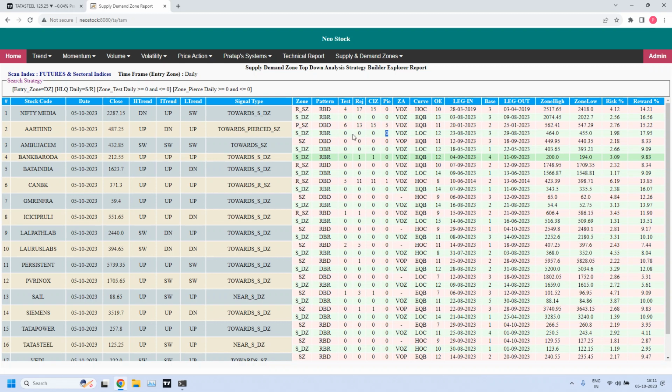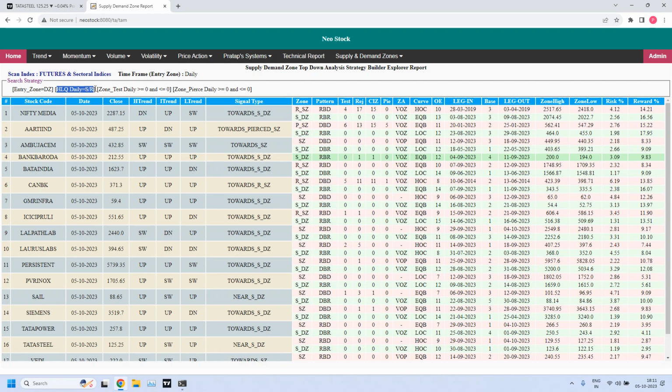Which time frame are we looking at? We are applying this filter in daily time frame. Which zone are you applying these filters to? Demand zone, daily demand zone. Which type of demand zone? Because you already set it is a high liquidity daily demand zone.